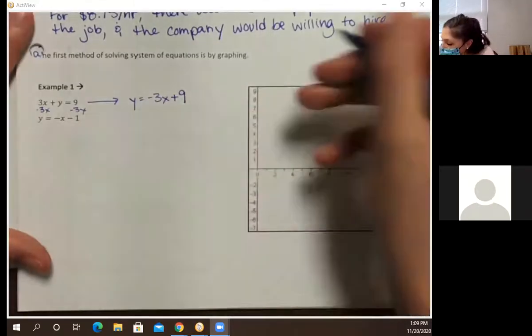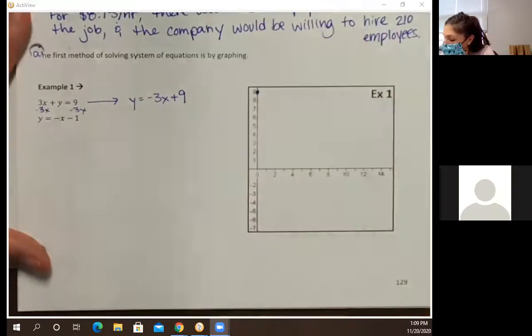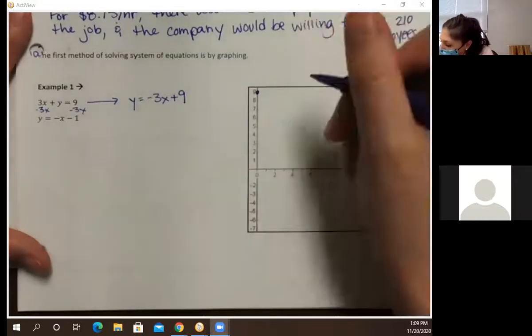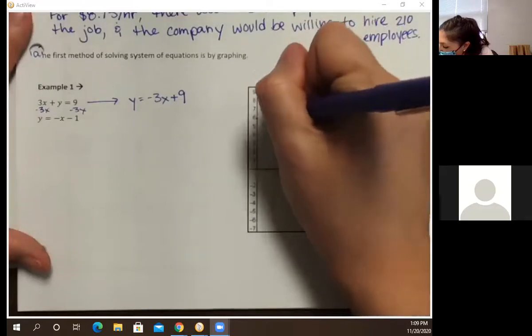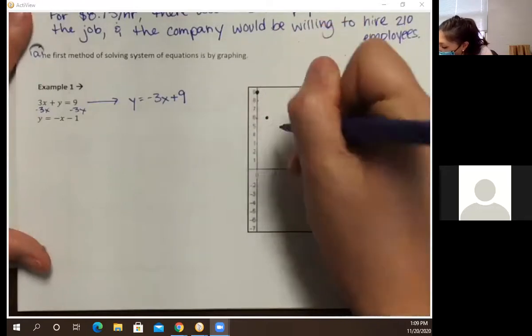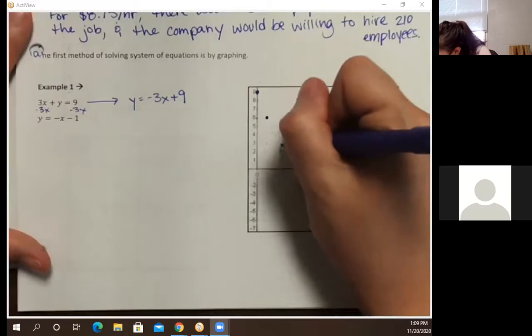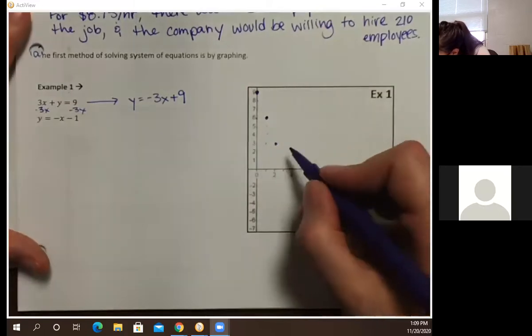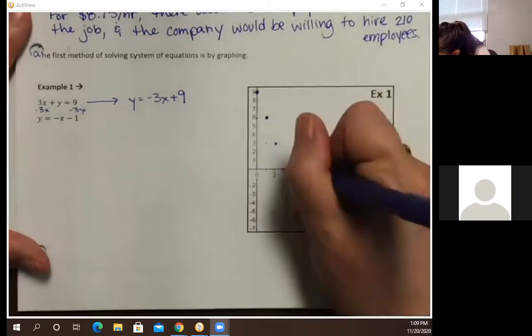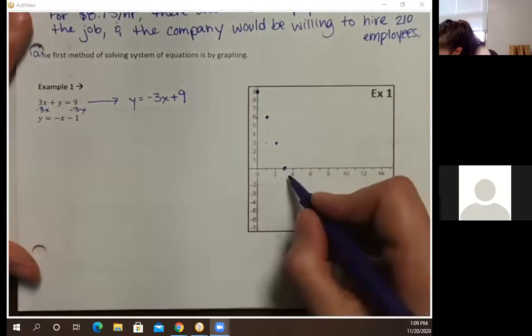My y-intercept is 9, so that's right up there. And then my slope is negative 3, so that's telling me to go down 3 and over 1. So down 1, 2, 3, over 1. Down 1, 2, 3, over 1. I know some of these are a little tricky to see.